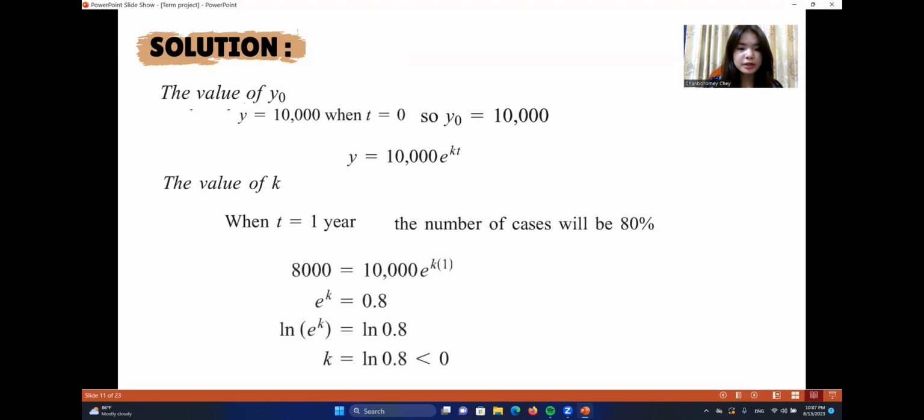When t equals 1 year, the number of cases will be 80%, which is 8,000. We replace the value into our equation, then e^k = 0.8, and we take the natural logarithm and find k = ln 0.8, which is smaller than 0.